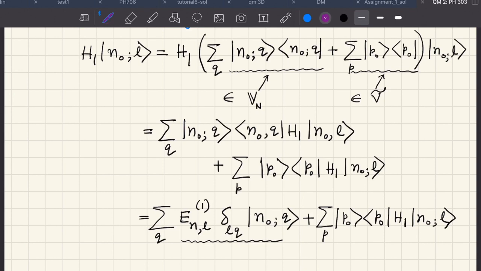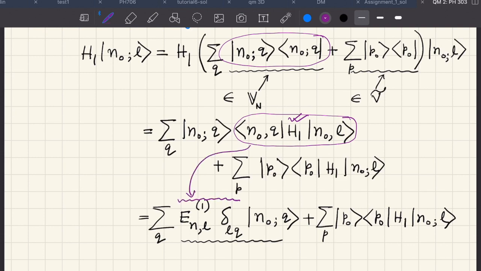Because this object was fully in the degenerate subspace Vn, and therefore N naught Q H1 N naught L is the matrix element in the degenerate subspace Vn. And we know that in that degenerate subspace Vn, H1 is diagonal. We proved that in the last class. H1 acting on N naught L gives E1 NL delta LQ. This we have proved. So this is nothing but this object.